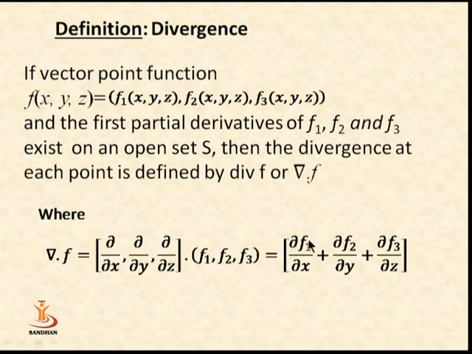Thus we get del f1 upon del x plus del f2 upon del y plus del f3 upon del z. That means in the divergence we differentiate the first component with respect to x, the second component with respect to y, and the third component with respect to z.